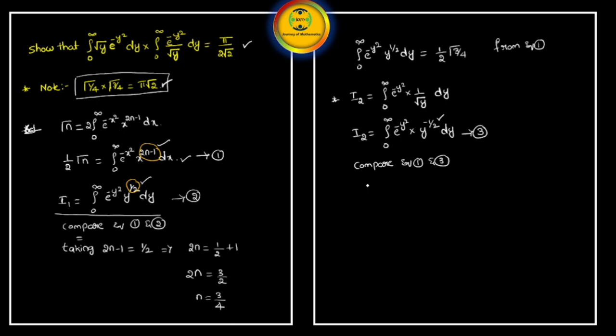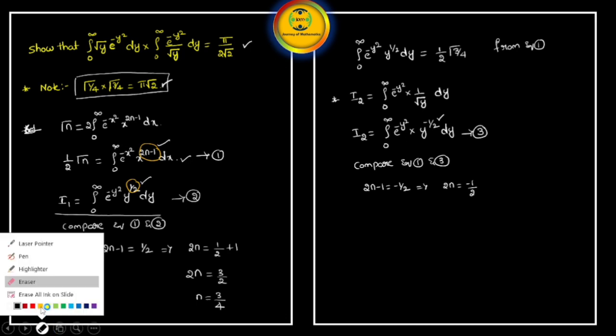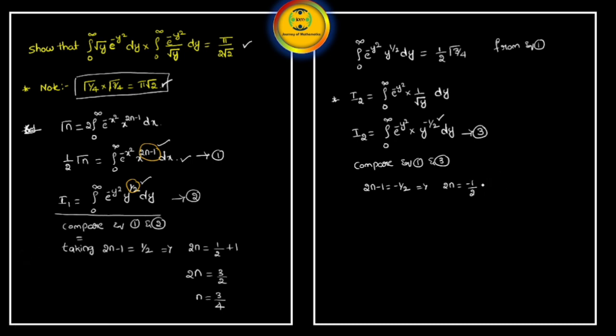So 2n minus 1 is equal to minus 1 by 2, which implies 2n is equal to minus half plus 1, that is half, so the n value is 1 by 4.